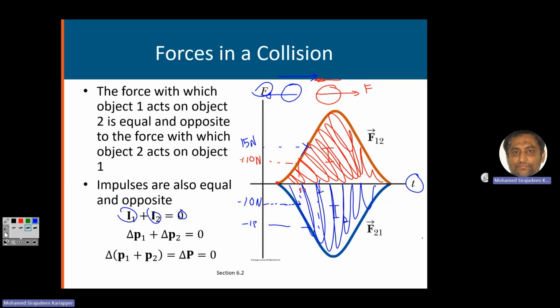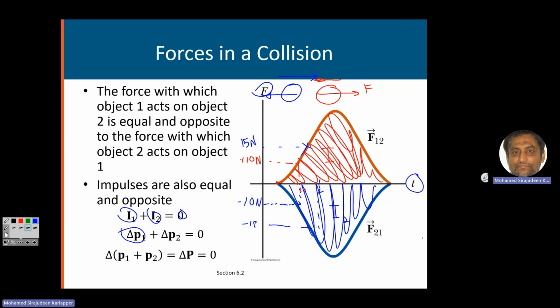Okay, fine. Then I know the impulse-momentum theorem: the impulse is equal to the change in the momentum. So instead of I1, you can put delta P1. So I1 is delta P1, I2 is delta P2.